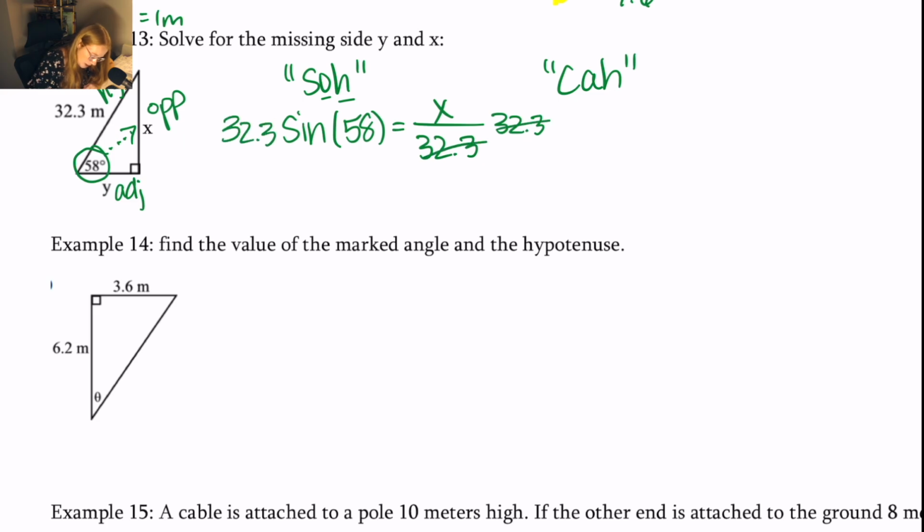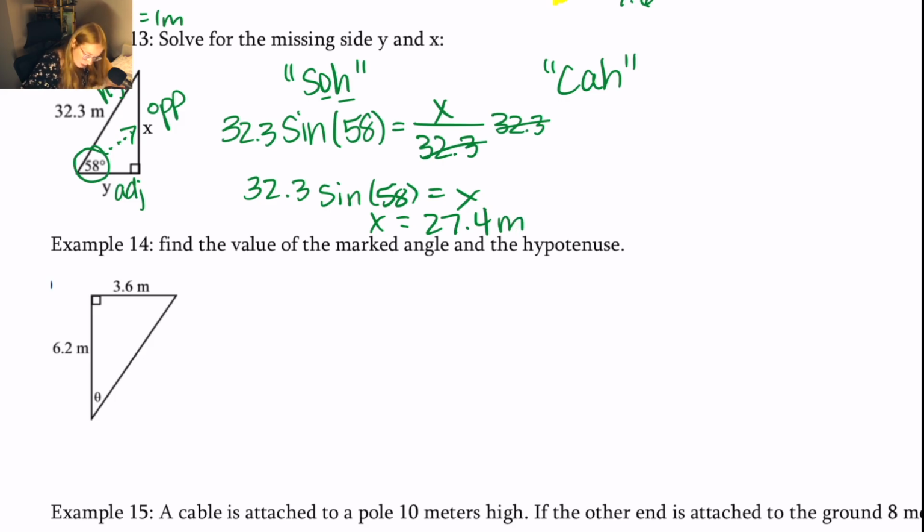We're going to do 32.3 sine of 58 equals x. 32.3 sine of 58, and you should get 27.4, and that would be meters.